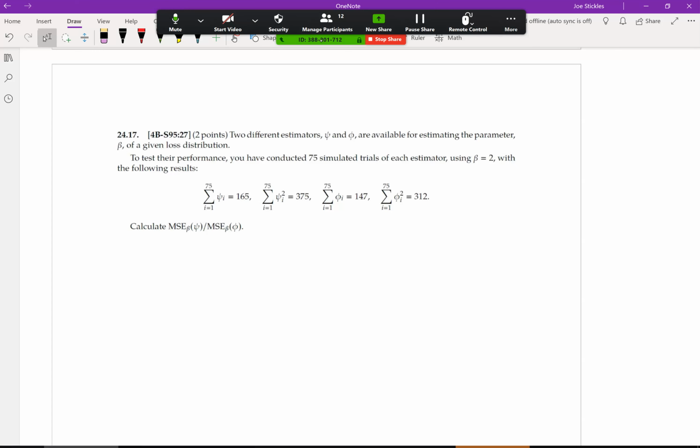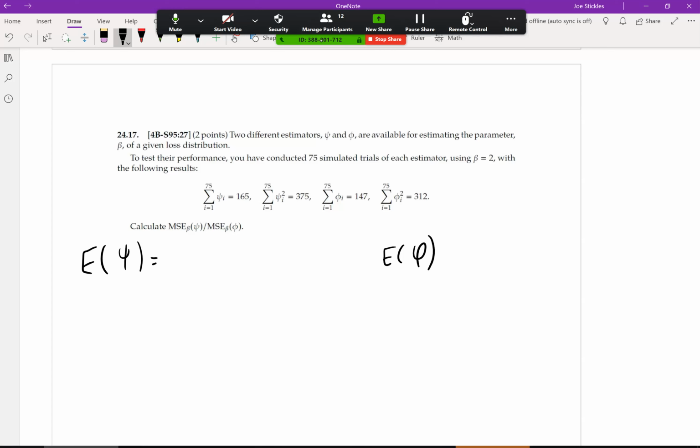Hopefully, we have enough information to do these. So remember, our mean square error is variance plus square of bias. To get the bias, we need to know what the expected value is. So let's look at the expected value of the psi and the expected value of the phi.